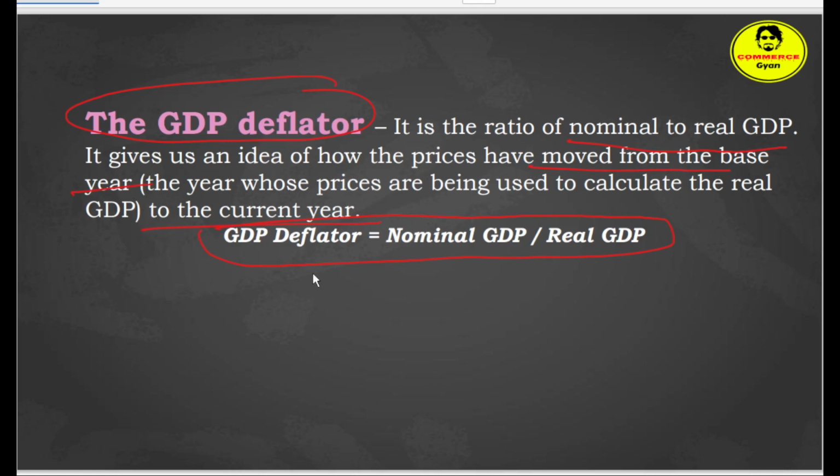As we have discussed, in the case of nominal GDP we calculate at the current price, and in the case of real GDP we use some constant price, that means the base year price. So it gives an idea of how prices moved from the base year to the current year, right?